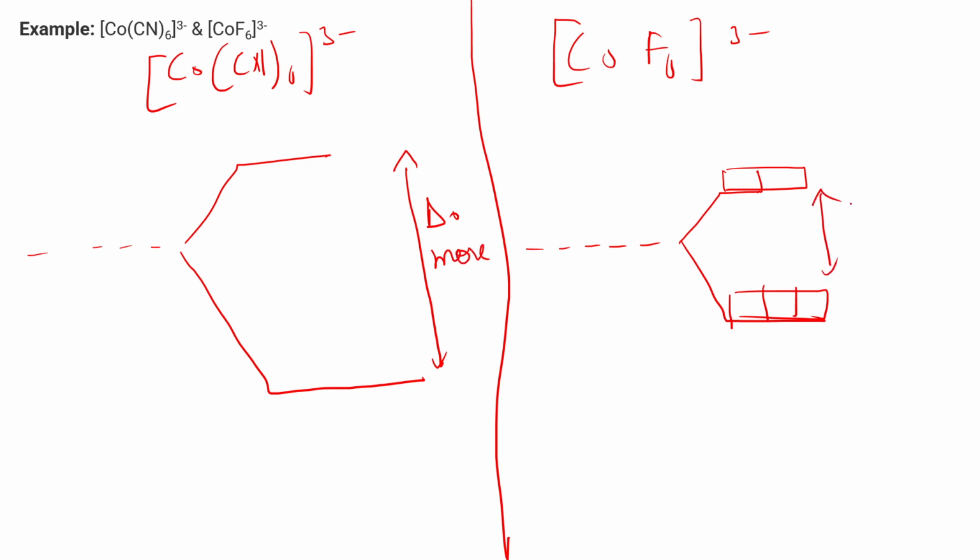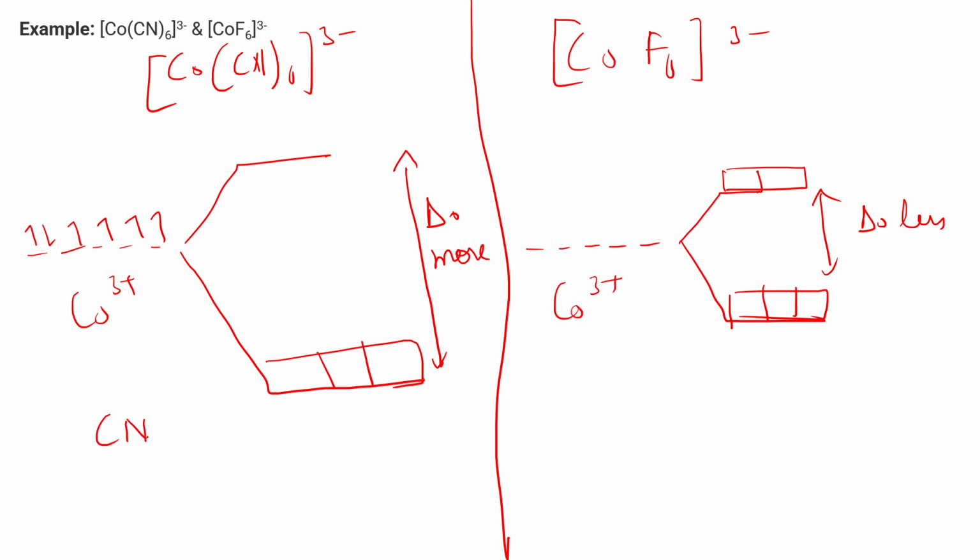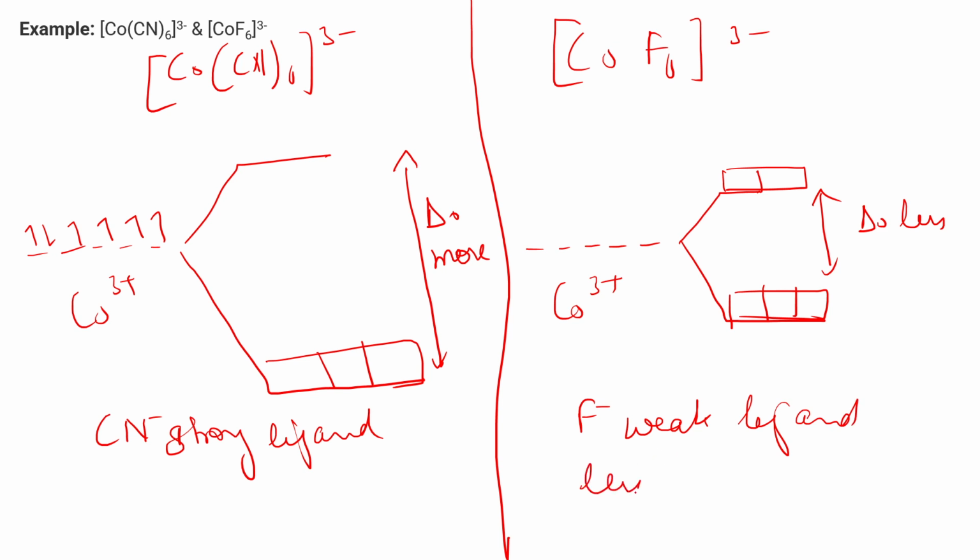Here, delta naught is less. We have 6 electrons for cobalt 3 plus. Cobalt 3 plus is here, cobalt 3 plus is here. Cyanide is the strong ligand. Fluoride is a weak ligand. So less splitting.